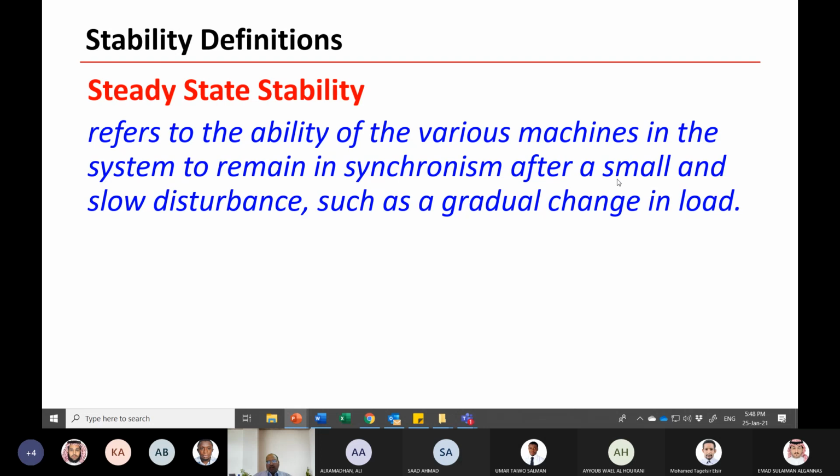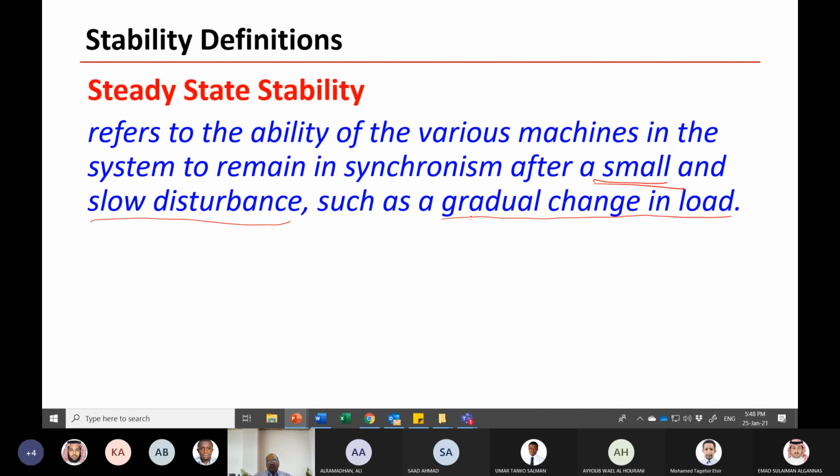Here we characterize steady state stability under small and slow disturbances. Very small disturbance and very slow, and time is not a big deal here, like a gradual change in load. This is if you want to check the stability after this disturbance.